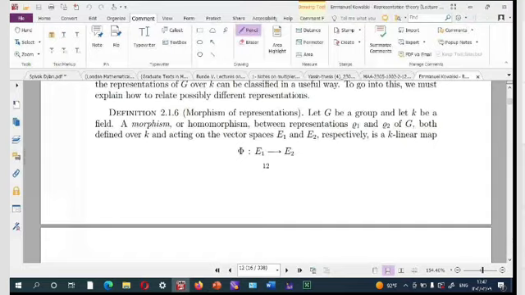The definition: let G be a group and K be a field.